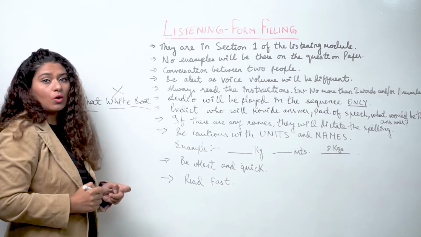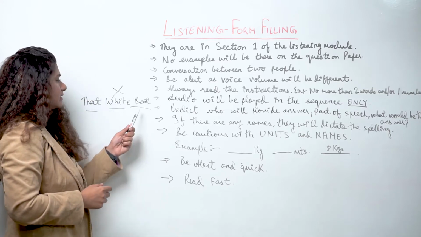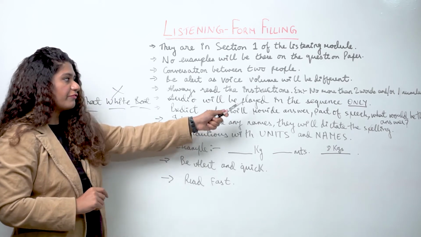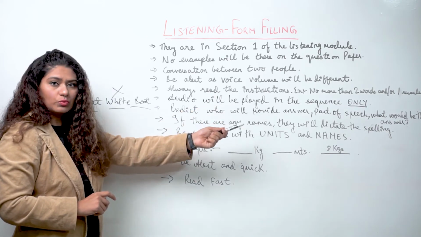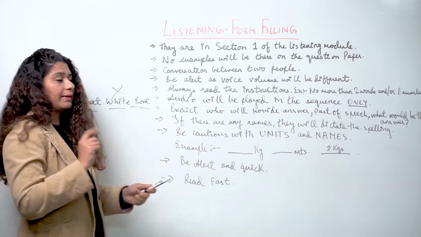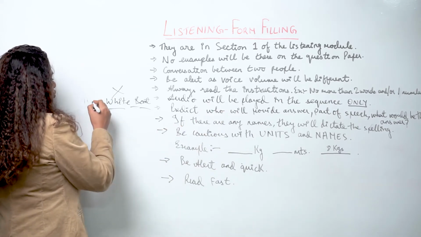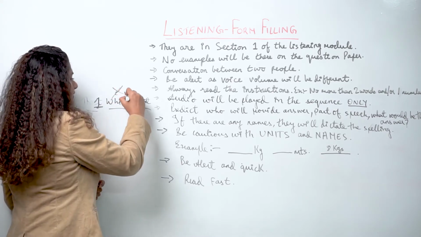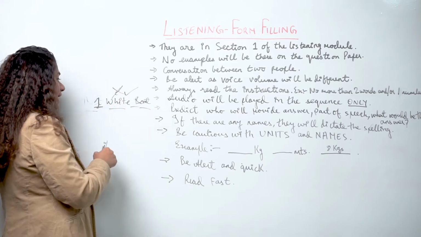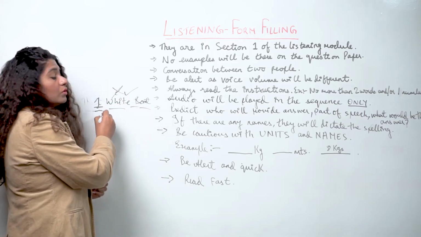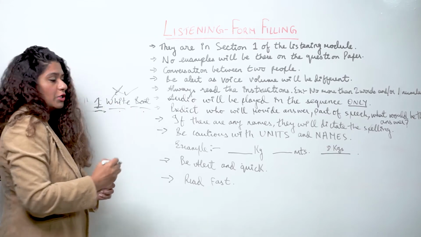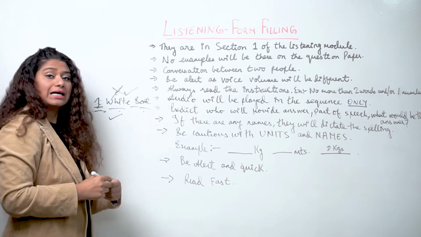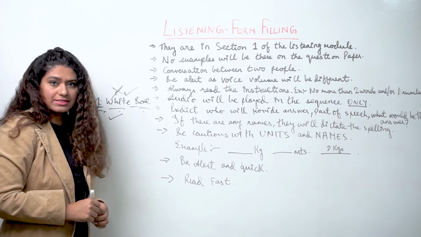This will be wrong. Why? Because you exceeded the word limit mentioned in the instructions. However, if the instruction said no more than 2 words and or 1 number, and you wrote 1 white boat, then this is a correct answer because you can use 1 number along with 2 words. So always look for instructions and understand them before writing your answers.